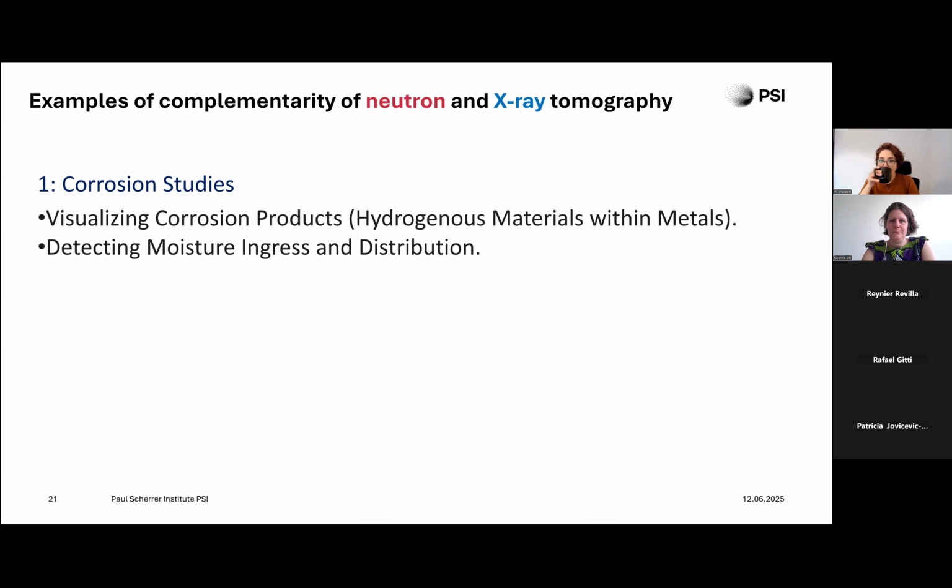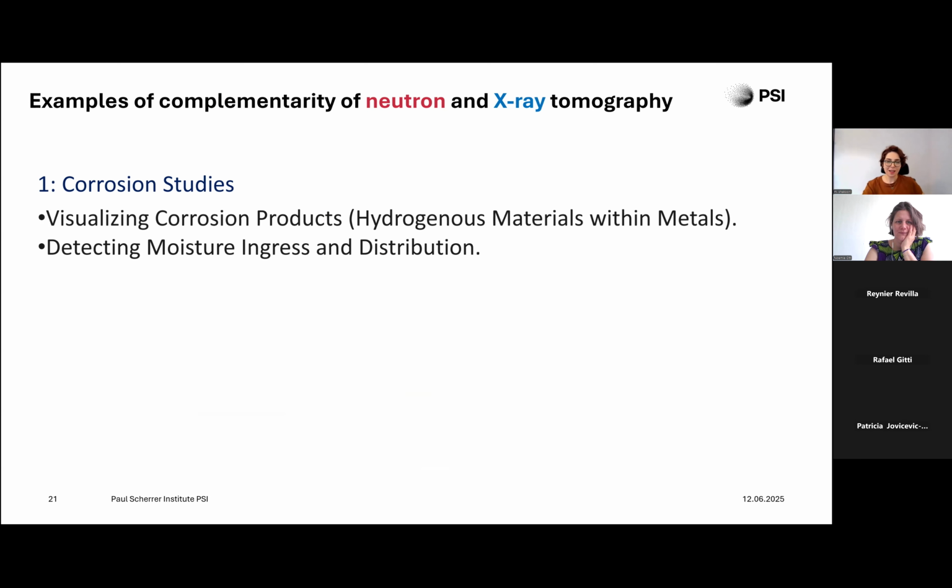So, after this short summary of how each of these techniques has different attenuation mechanisms, how they form the image, and how we can do tomography, I would like to show you some real-world examples, especially the examples that I usually work on.